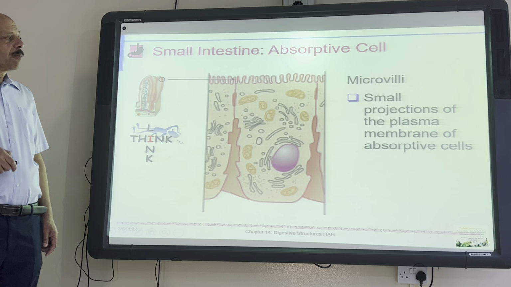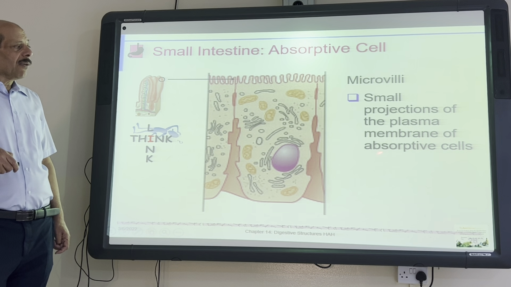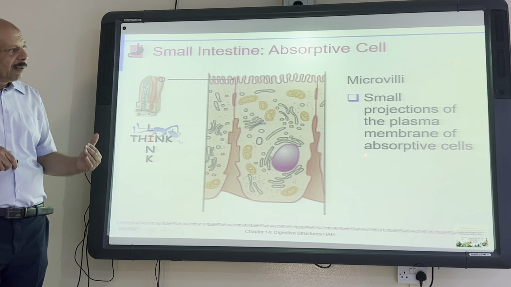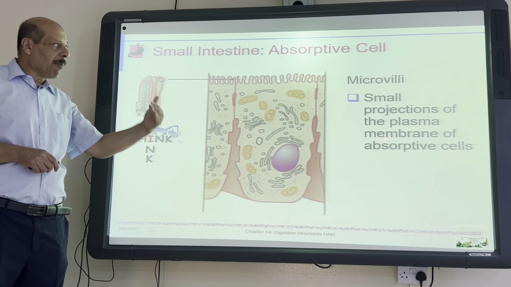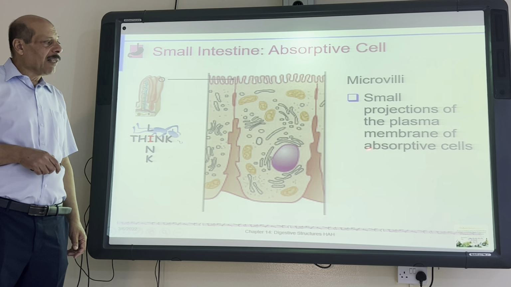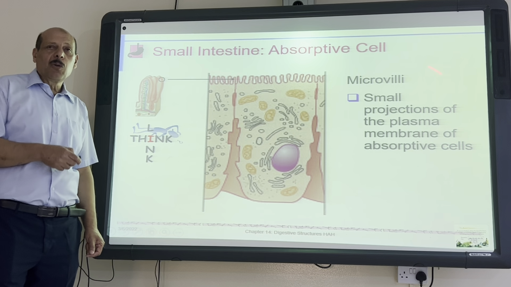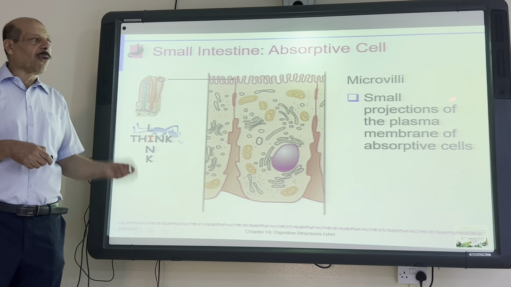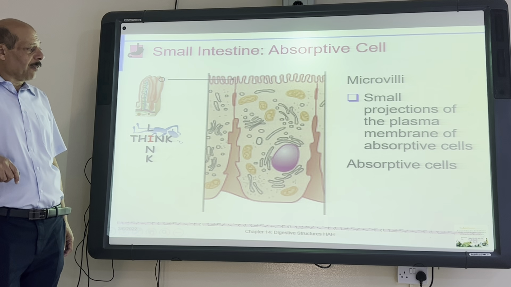microvilli. So they are small projections of the plasma membrane of the absorptive cells. They will absorb the nutrients and the needed material from inside the gastrointestinal tract.